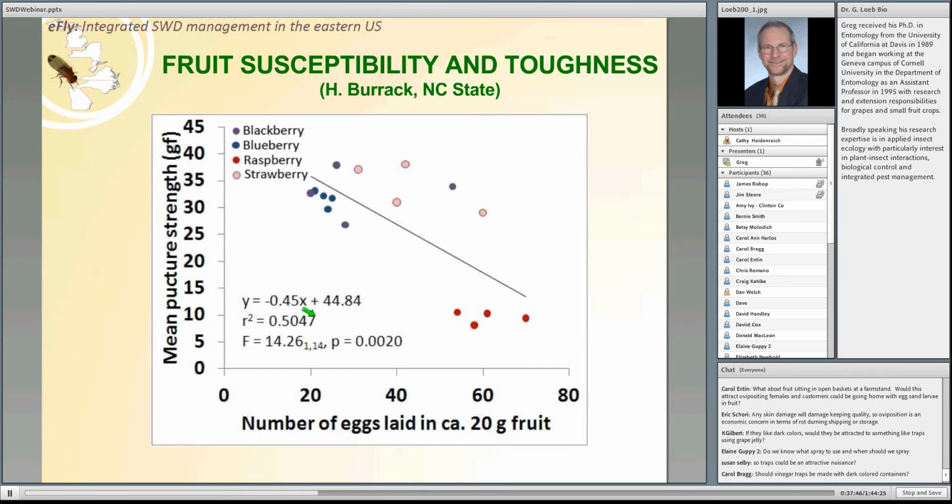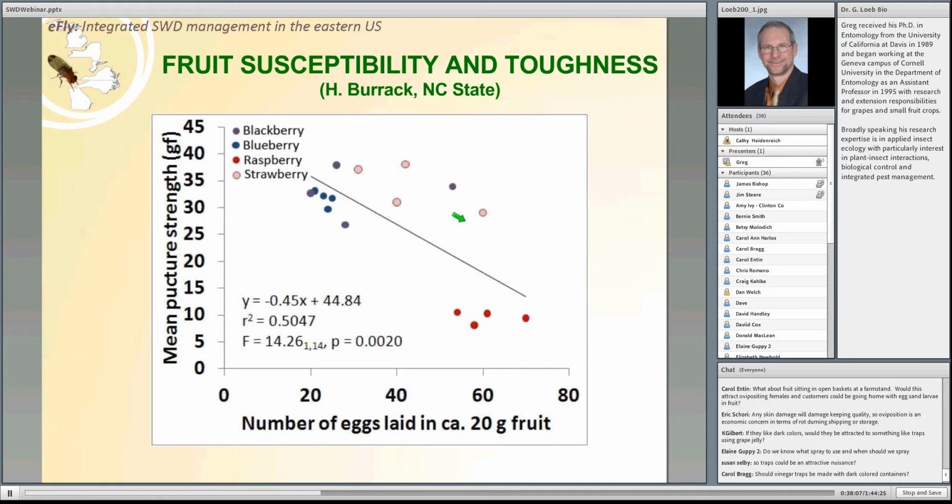And over on the x-axis, number of eggs laid in 20 grams of fruit. And as you can see, as toughness decreases, you get many more eggs for these different crops. With raspberry, being some of the thinnest, easiest punctured fruit, getting the most eggs.